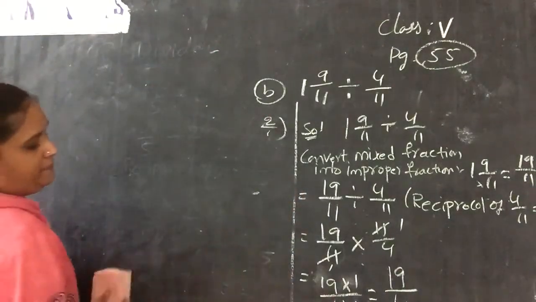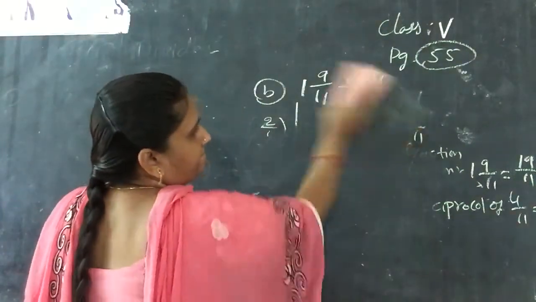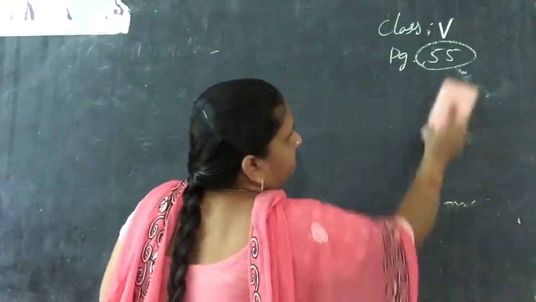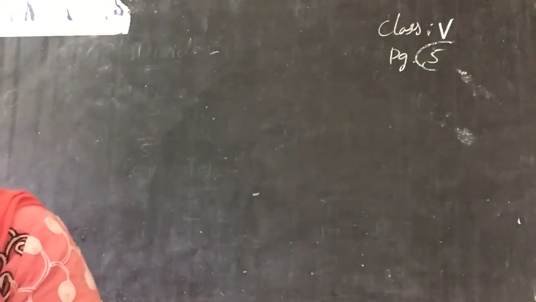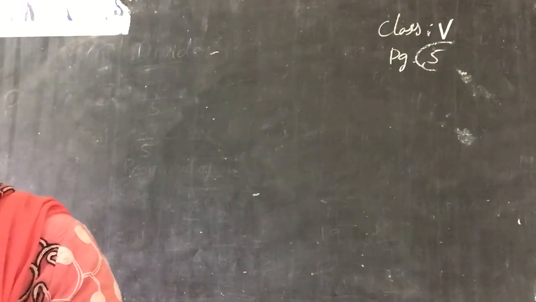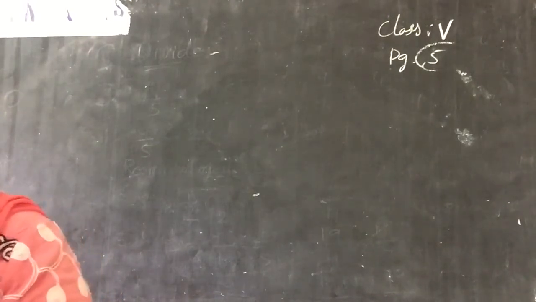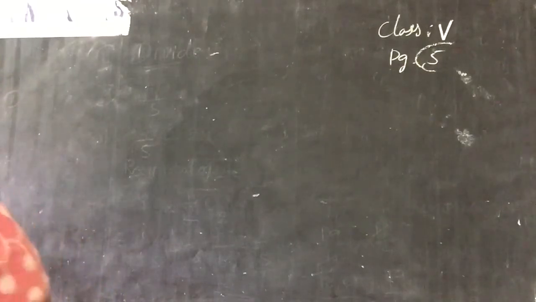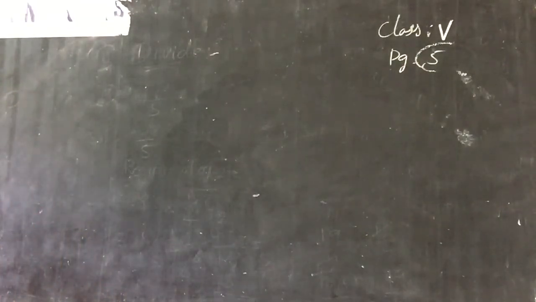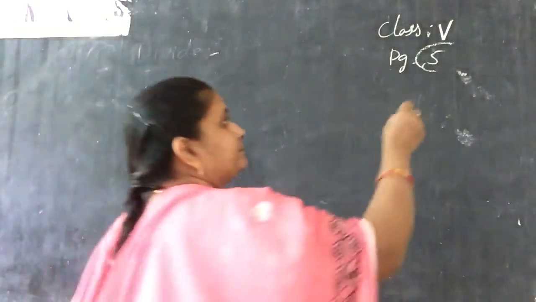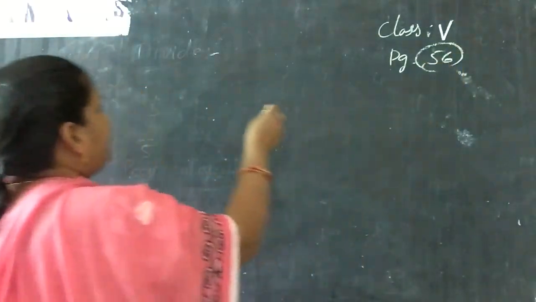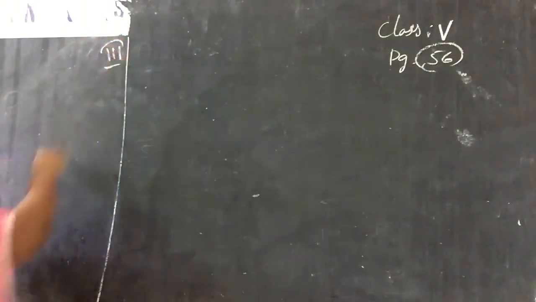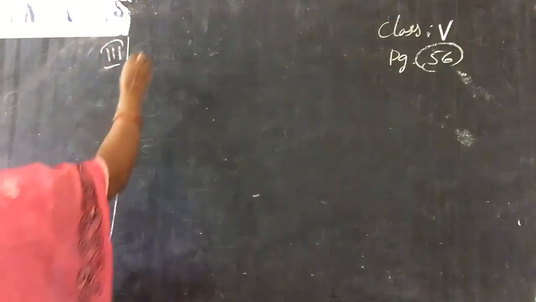Next, Roman number 3, simplify. Textbook page number 56, Roman number 3, simplify.